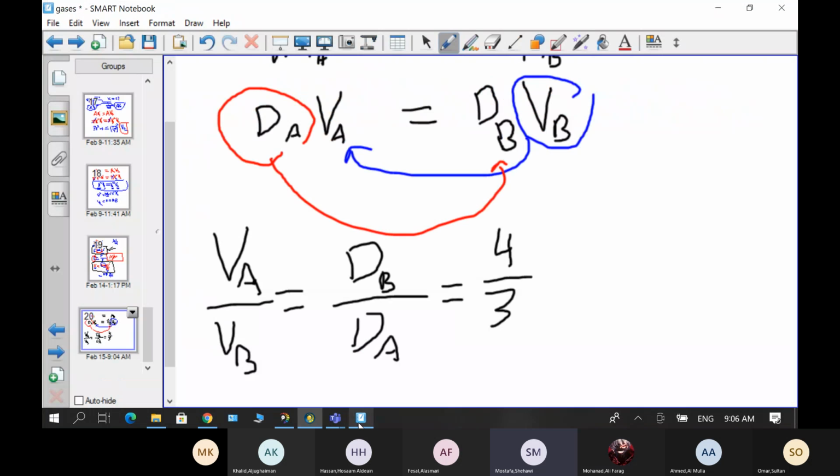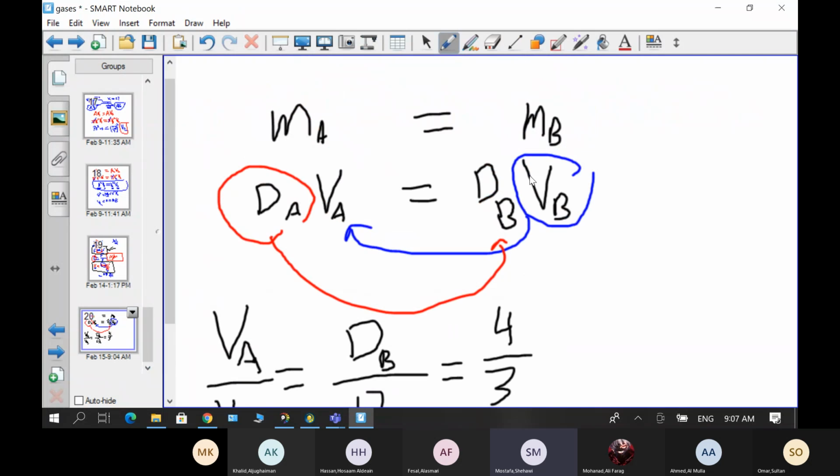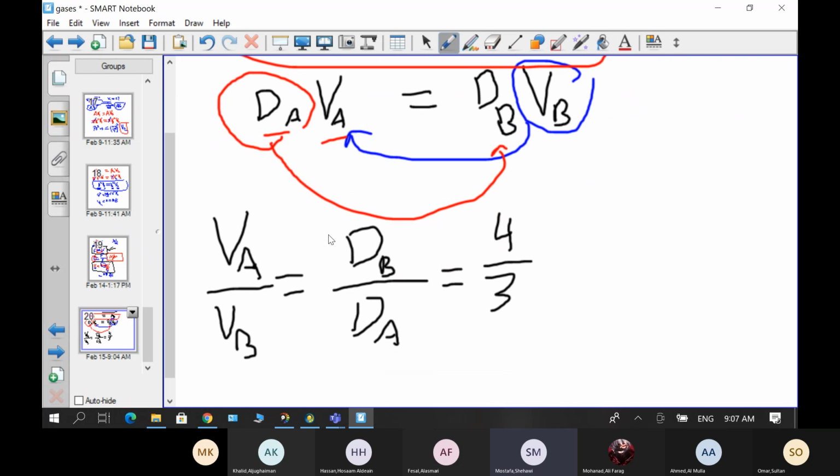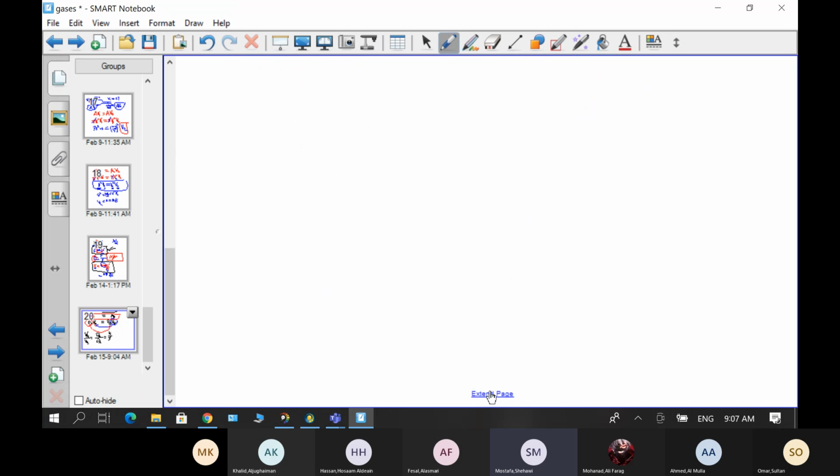So we won't do this all the time. From this, if you have equal masses, we can deduce a relationship. If you have equal masses, what is the relation between density and volume? Inversely proportional or directly proportional, Mohammed?